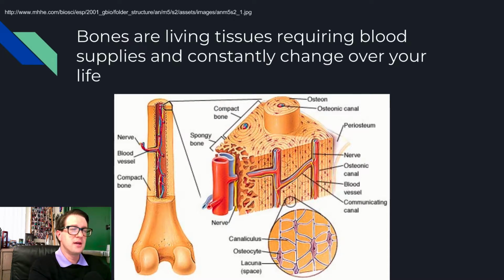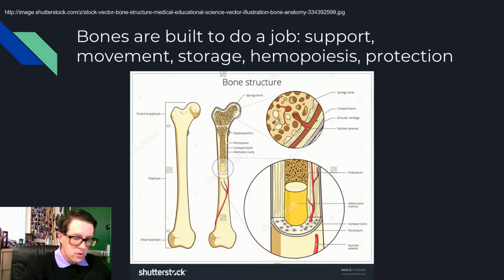So the result is about every 7 years, you get a brand new skeleton because we're going to get rid of the old parts and put in brand new parts. It might look the same, so you might not detect it, but chemically, you have a fresh skeleton every 7 years.